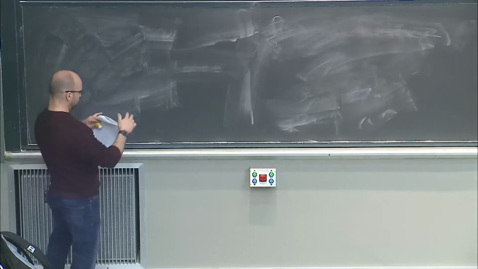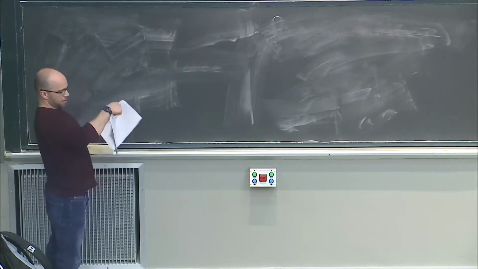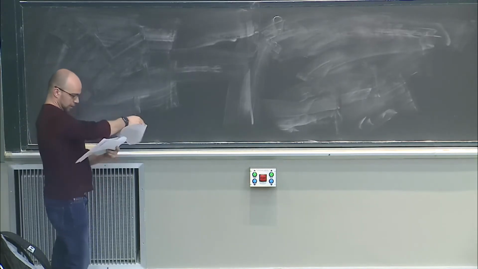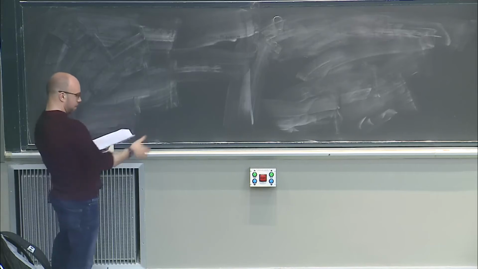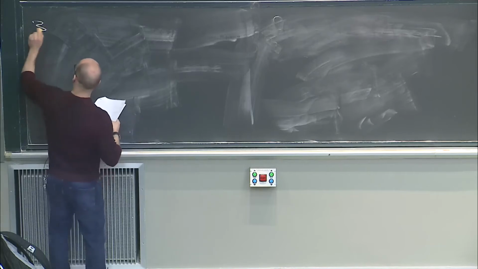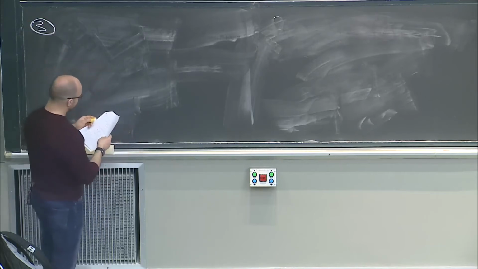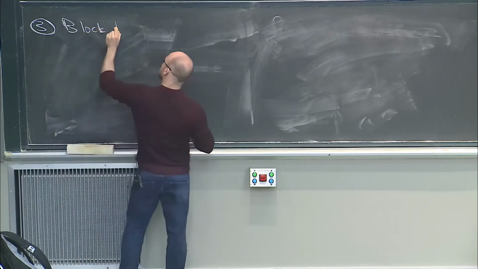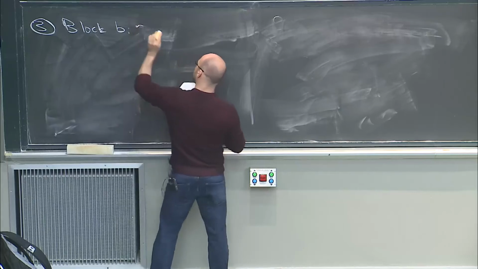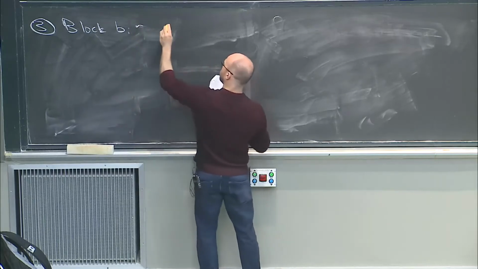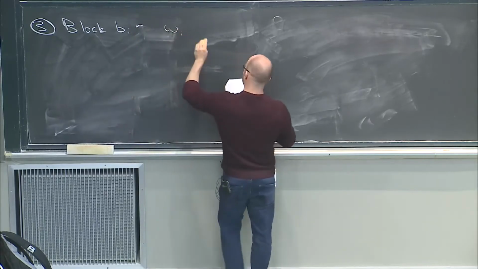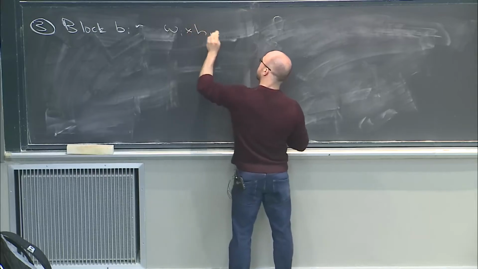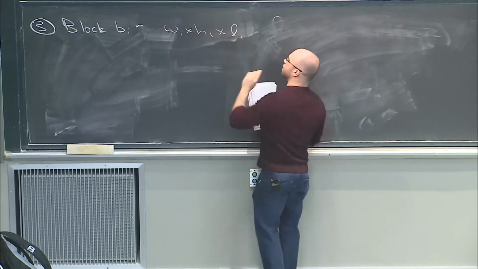Let me go to the right page in my notes here. Right. So this is problem 3. So we have that block B_i has size that looks like width W_i by height H_i by length L_i.